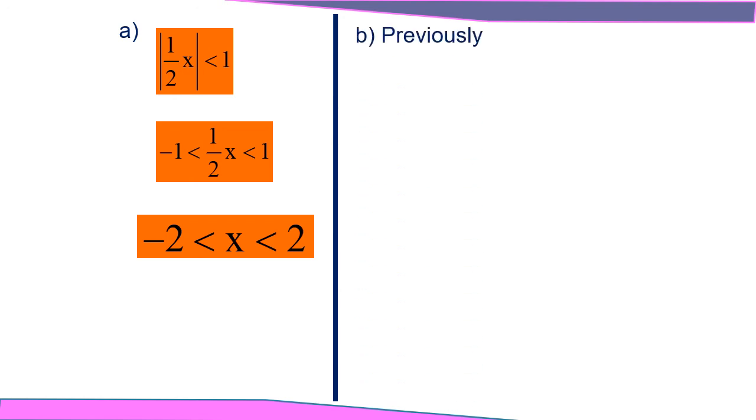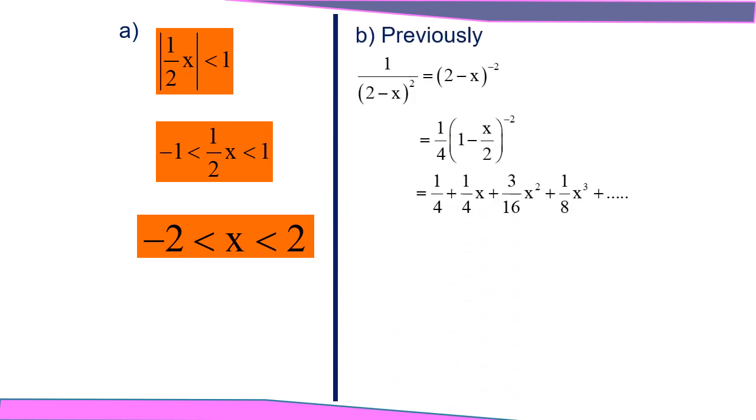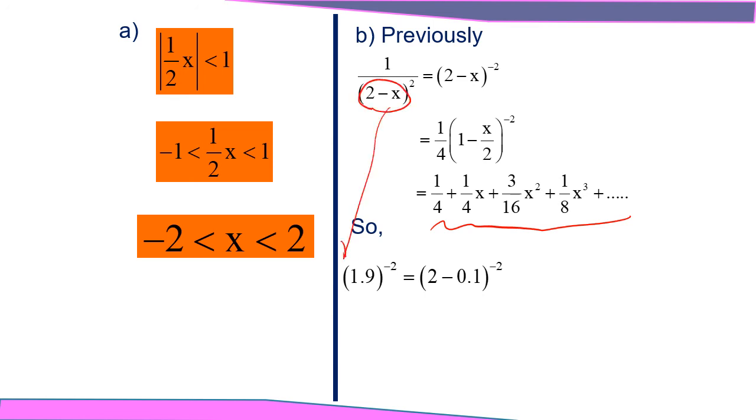How about b? Previously, we know that 1 over 2 minus x to the power of 2 can be written in the form of 1 over 4 plus 1 over 4 x plus 3 over 16 x squared plus 1 over 8 x cubed. Because we want to find 1.9 to the power of negative 2, 1.9 can be related to 2 minus x.